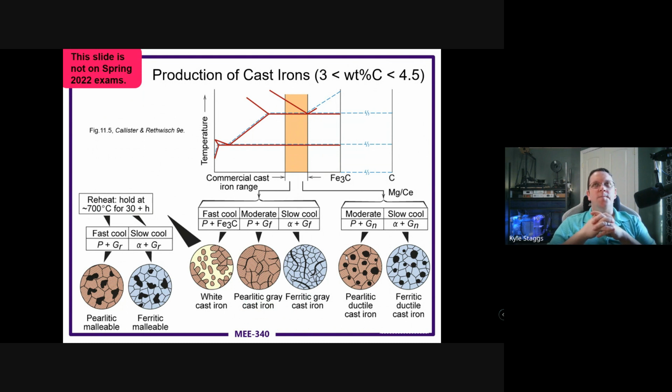So here's kind of what a production breakout looks like.